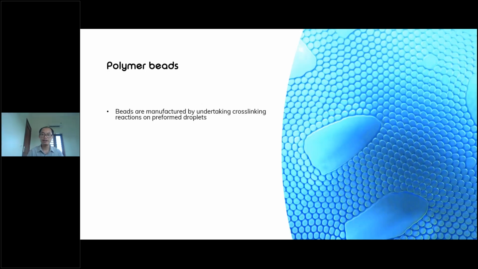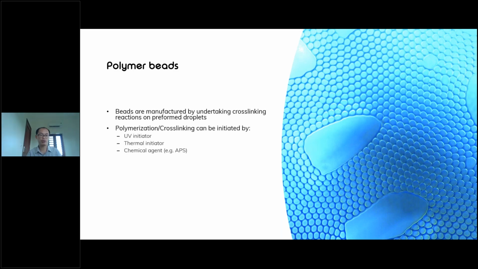So the next example of microbeads using microfluidic technology is the polymer bead. In this case, beads are manufactured by undertaking a cross-linking reaction on preformed droplets.